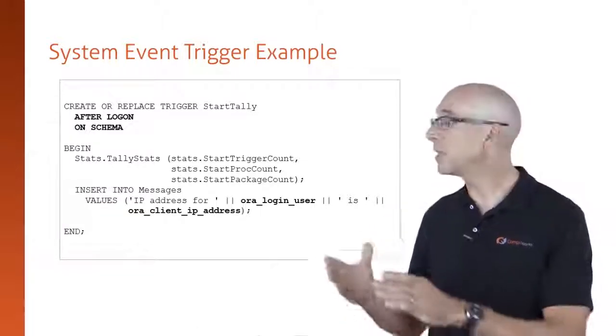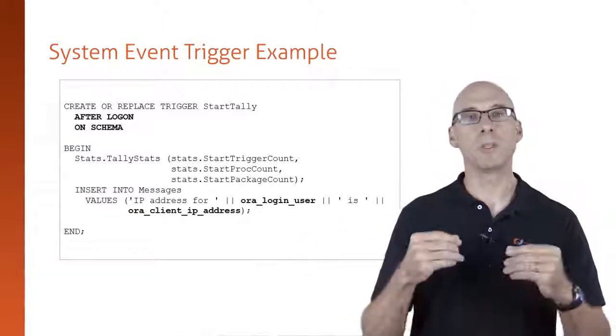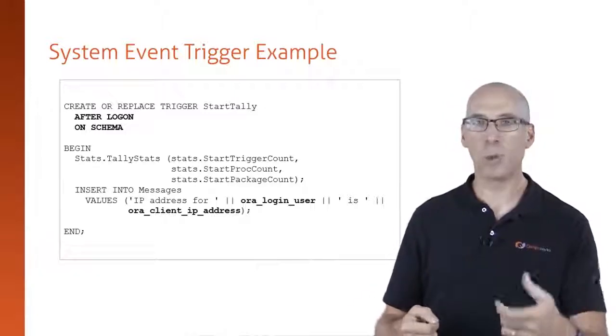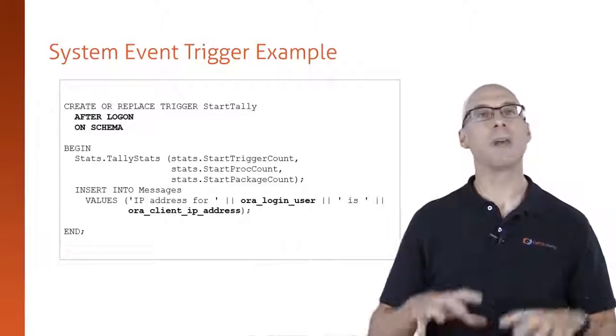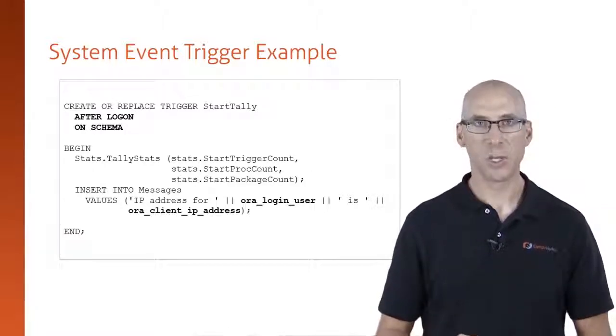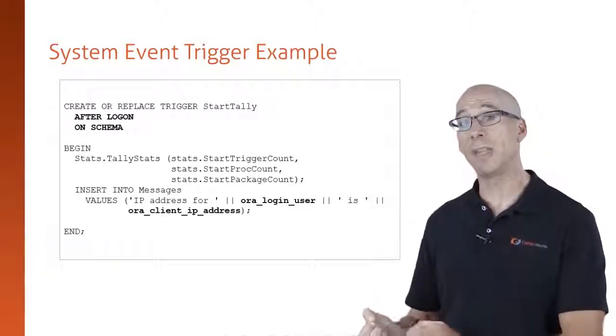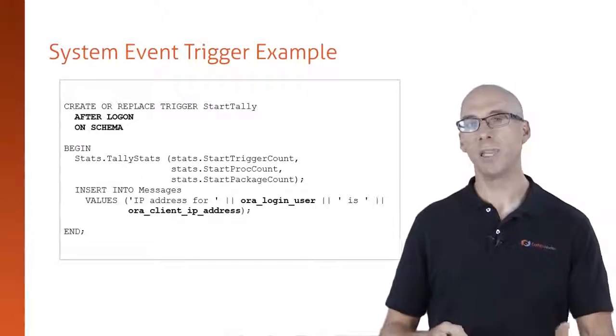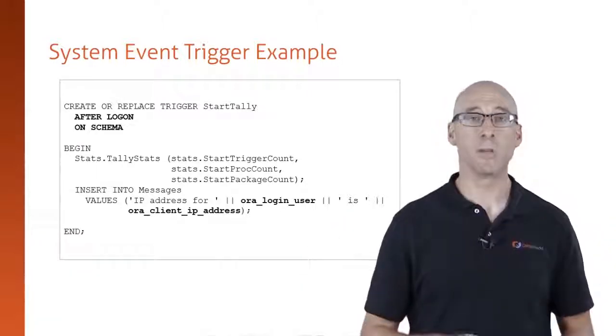So this is basically what we're talking about when we start talking about a system event trigger. We're not talking about a table or a view. Now we're talking about the database as a whole, and that is the key difference. So now what we're going to do is start diving into this a little bit more and see what else we can do. What are some of the things that we can test for within a system event trigger?